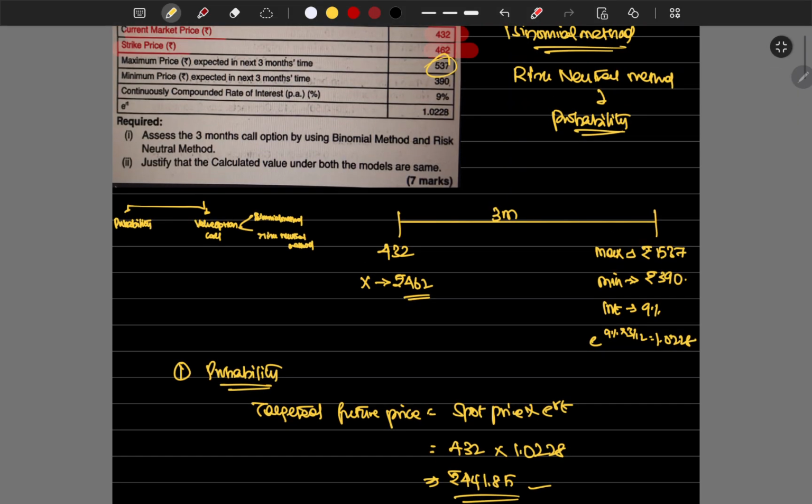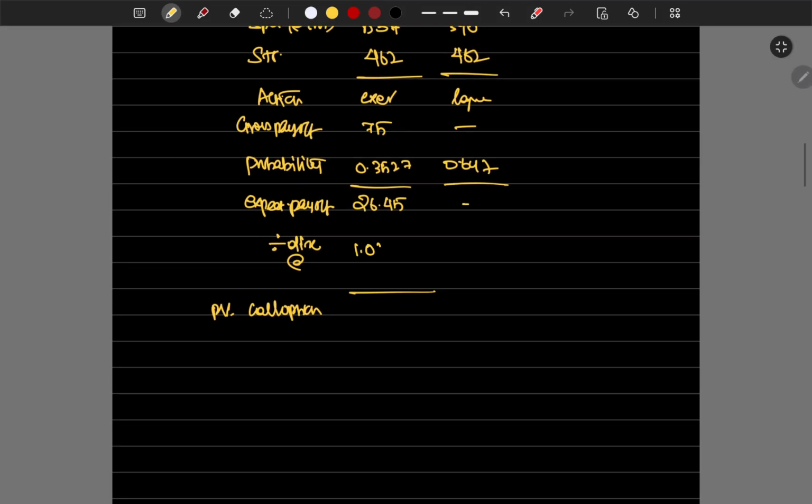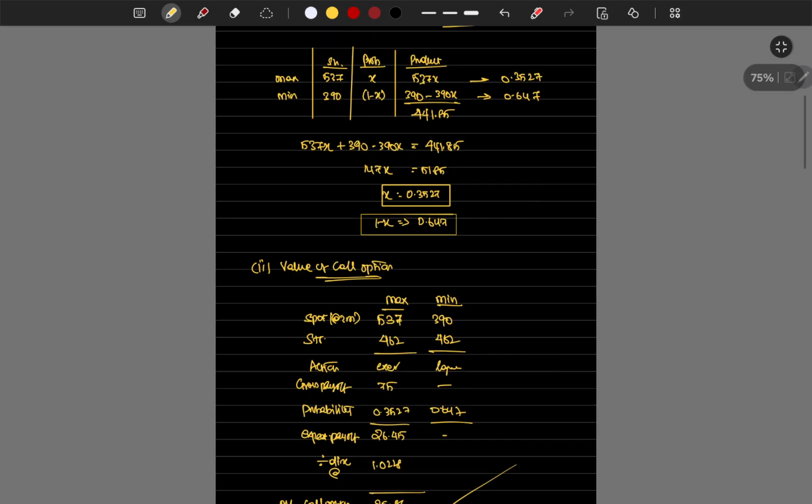What's the discount factor we have? 1.0228. 26.45 divided by 1.0228 is 25.86, which is the call option. We found the call option here using the risk neutral method.